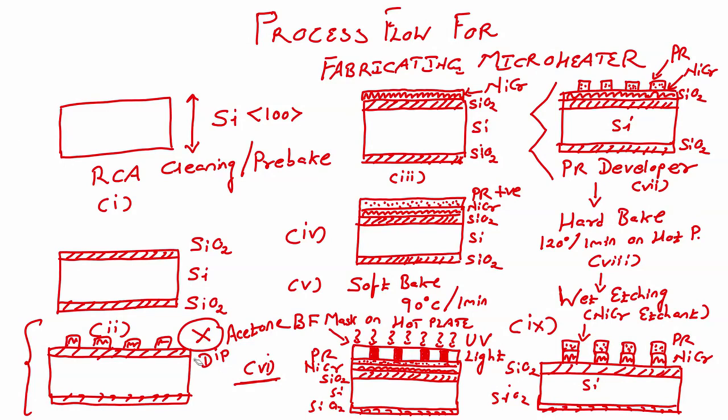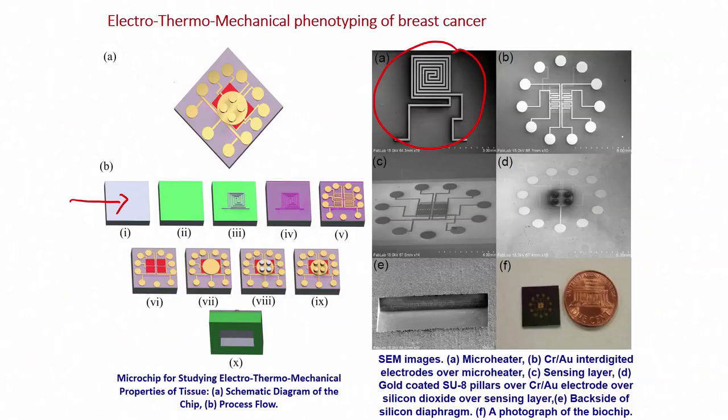When we do that, and when we rinse the wafer, we can see a micro heater pattern on the oxidized silicon substrate. This micro heater we can inspect in the microscope. So, after these steps, what we obtain? We obtain our step number 1, which is the micro heater.